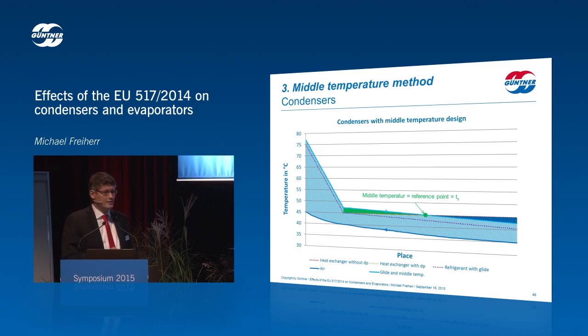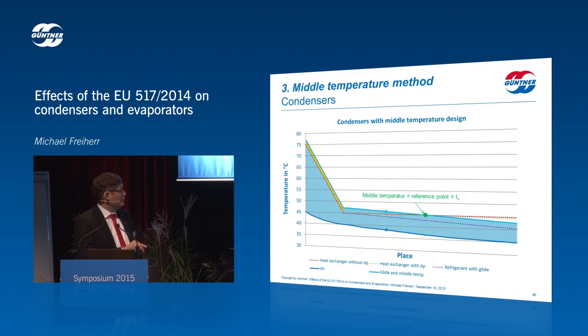So in these areas, our delta T is slightly higher, and down here, delta T is slightly lower. In the arithmetic average, delta T will stay stable, as if we use the one-component refrigerant. So we reduce the influence of the temperature glide.